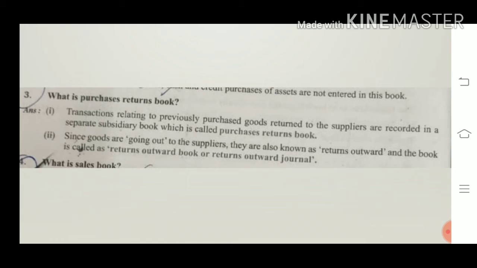Since goods are going out to the suppliers, they are also known as returns outward, and the book is called the return outward book or return outward journal. Some reasons goods will be returned to the supplier: inferior quality of the goods, damaged pieces, or quantity and quality differing. For that reason the goods are returned to the suppliers.